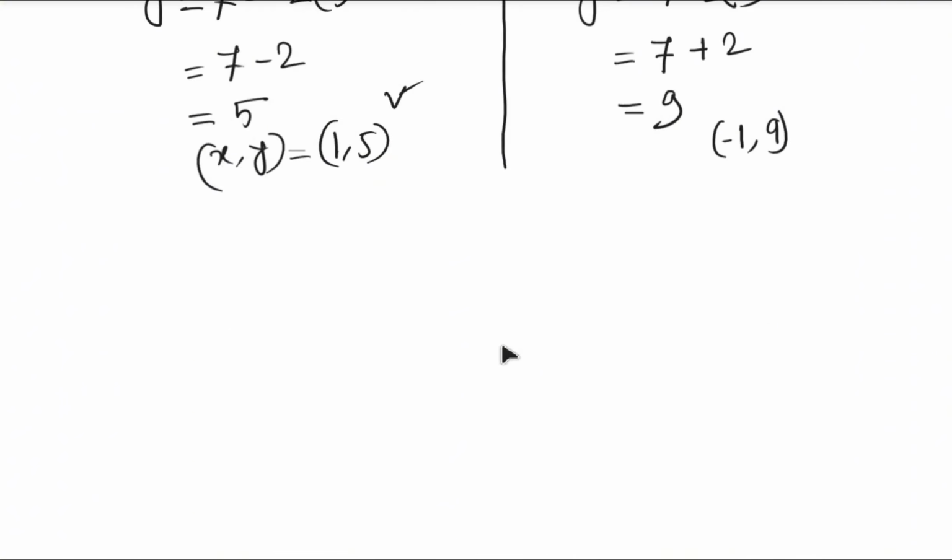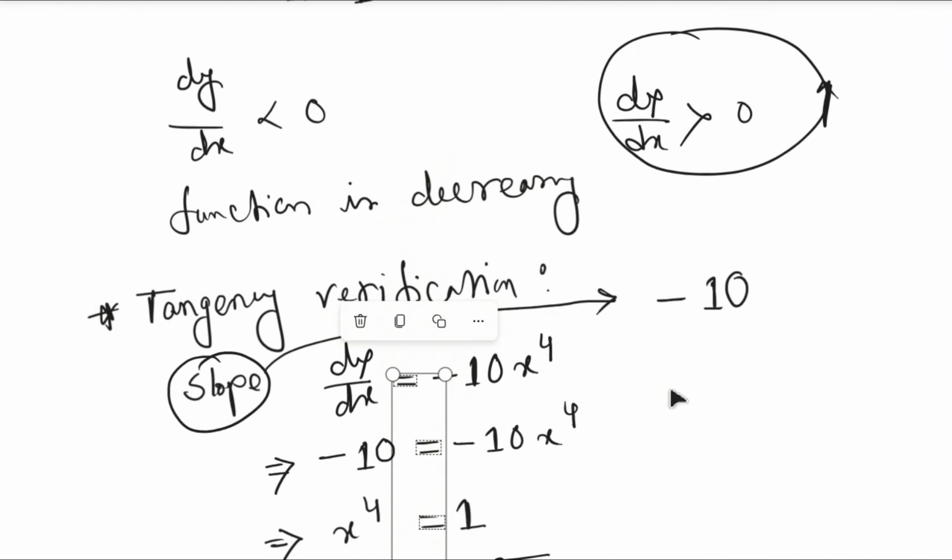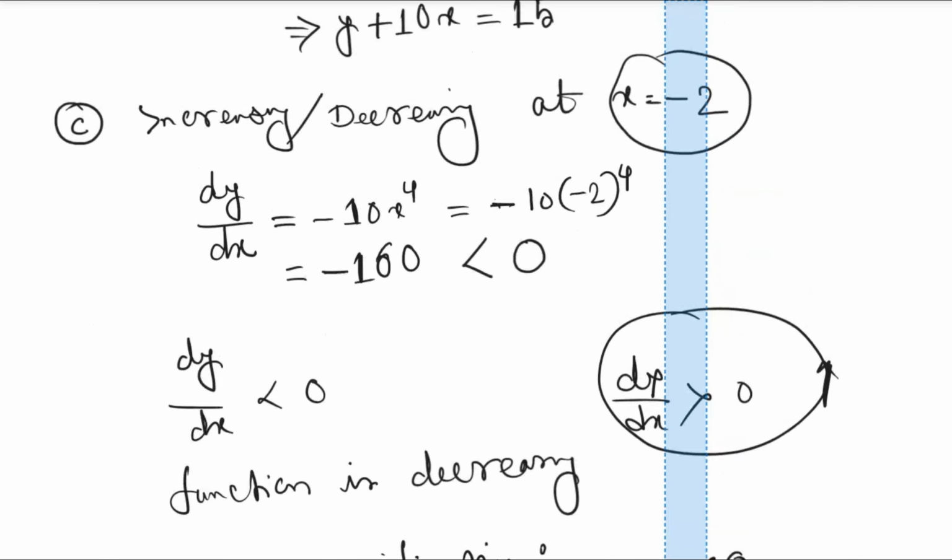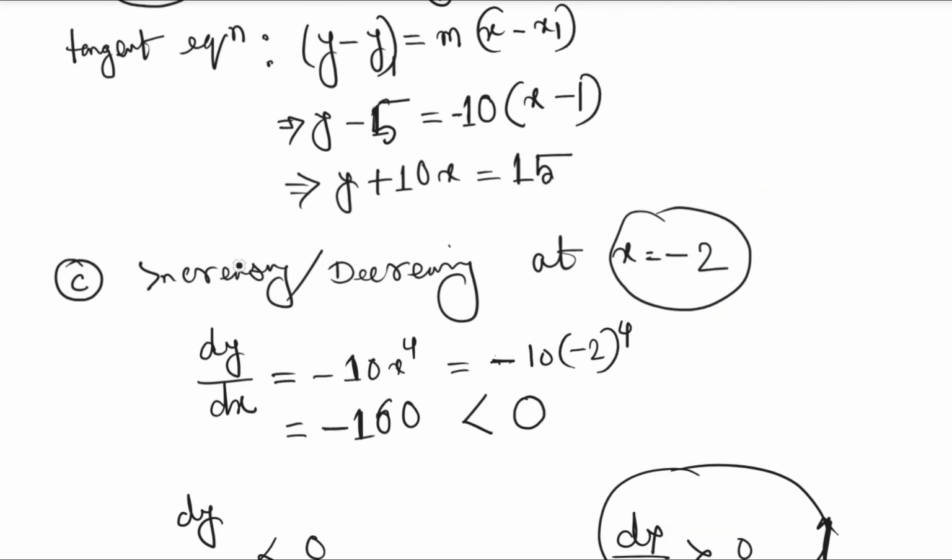And we already found the equation of the tangent line, y is equal to minus 10x plus 15, right? This was the tangent line, remember.